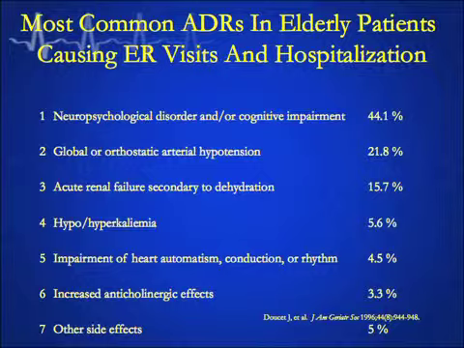Neuropsychological disorder, this is something we call change in mental status. And hypotension, acute renal failure, electrolyte abnormalities like hypo or hyperglycemia, impairment of heart automatism, for example, arrhythmia and other conduction problems like heart block.